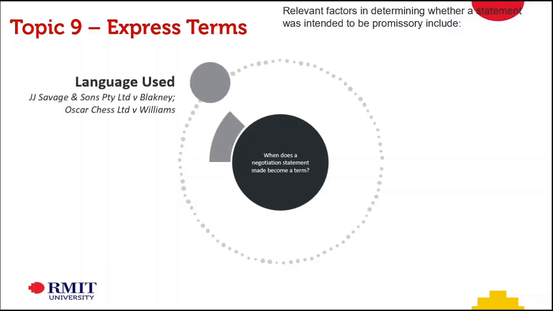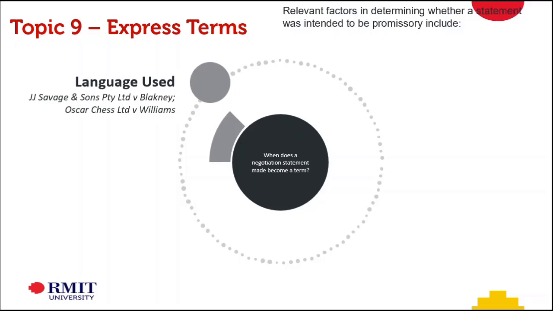So, express terms, largely problems around this area are asking the question, when does a statement that's made during a negotiation become an actual term or an express term of the contract? We look at the language used. So J.J. Savage, you'll remember there was an estimate for the speed that the boat would go.